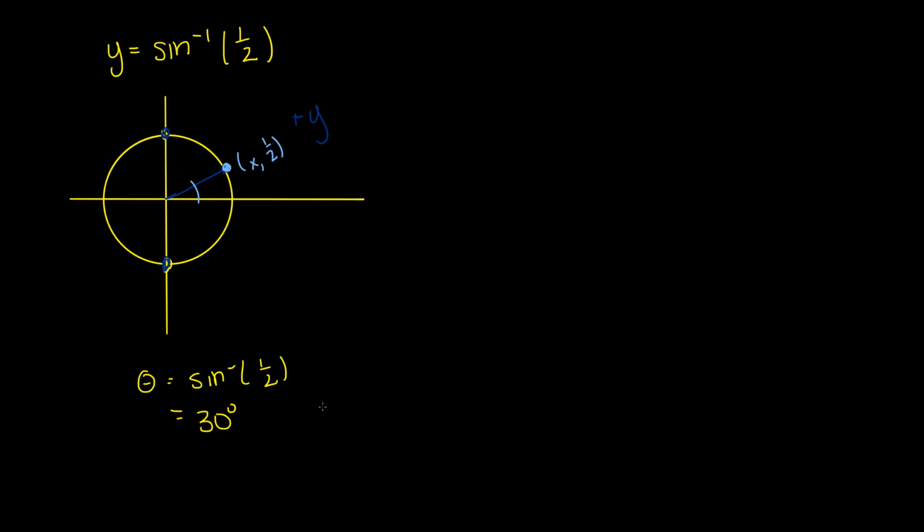Okay, so if I need it to be radians, I also could say that 30 degrees times, just to remind you of the conversion, times pi over 180, and we get pi over 6. So we can therefore say the inverse sine of 1/2 is 30 degrees, or pi over 6 radians.